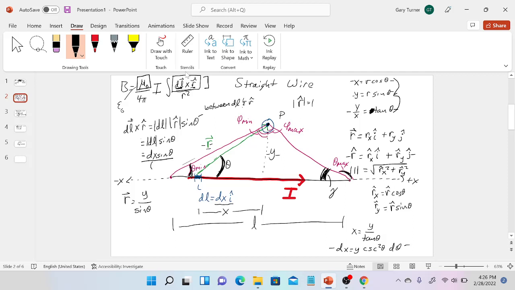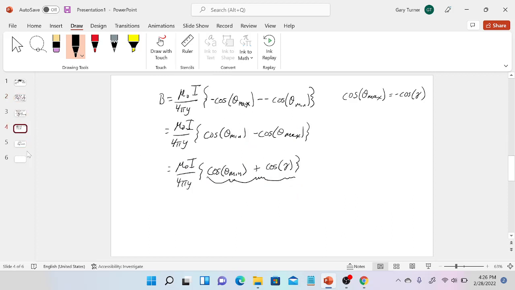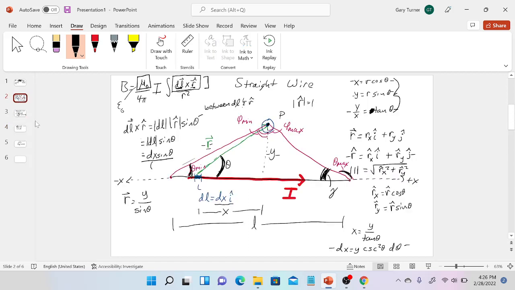And we should note that the form of the magnetic field that we arrived at is dependent on 1 over y. And this is partially the dipole feature. And where's the dipole that we're talking about?